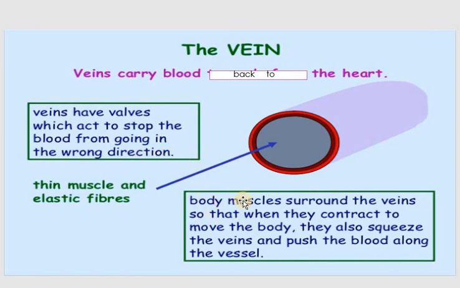So they keep deoxygenated blood in the right direction. Otherwise, obviously, we have to face a lot of problems if this deoxygenated blood is spread in our whole body. So these valves keep this blood in the correct direction, in the right direction.